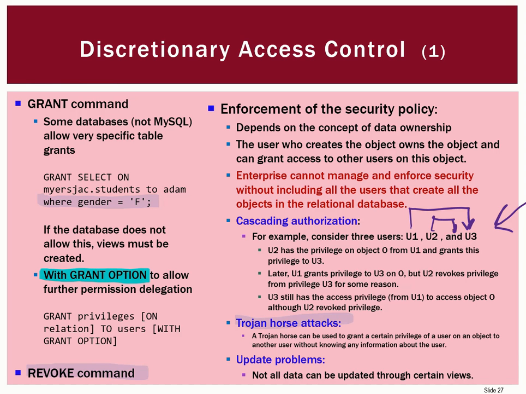So if a lot of people have grant options and they are compromised, then someone could go in and just use that to grant to someone else in the system, maybe make their own account, and then attack from the user that has permission, like U2, and then have U2 grant permission to a malicious entity. So you want to avoid that. You really want to not let the grant option happen. Let U1 be in charge of the grants and only U1. Keep the control to the owner of the database.